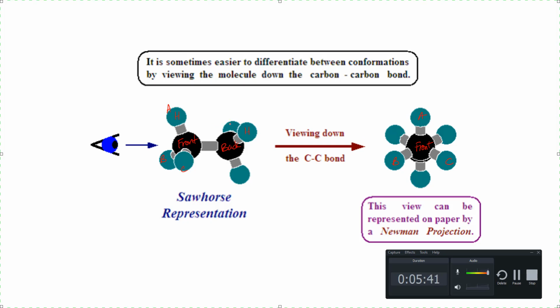Then on the back carbon, this hydrogen down here we'll call D. That hydrogen is all in the same plane of the screen, so D would be here. Let's say E would be off to the left, and F over here would be off to the right. So this Newman projection makes it a little bit easier to see the orientations of the hydrogens relative to each other.